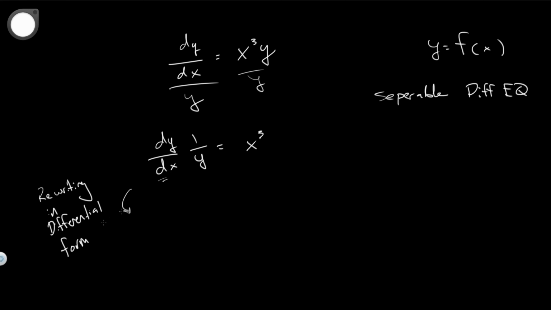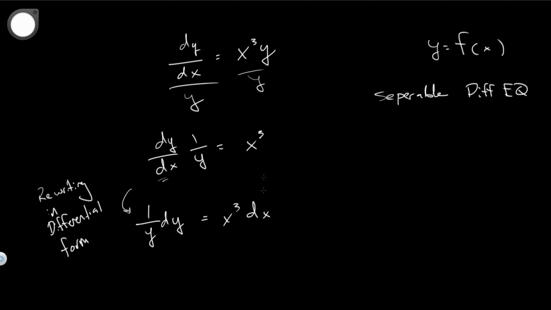Right, so what I'm about to do is going to look like multiplying both sides by dx. Right, but I'm going to rewrite this equation in its differential form. So I have, and I'm going to use the commutative property of multiplication to write the 1 over y in front of the dy. And then I'm going to write x cubed dx.